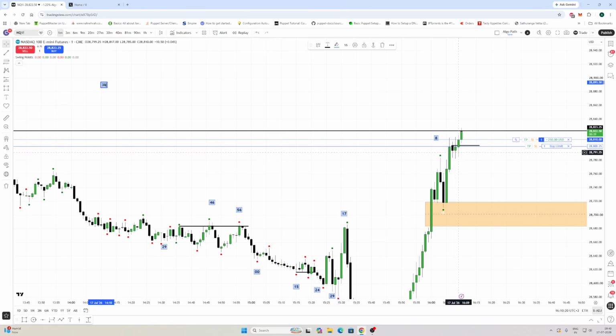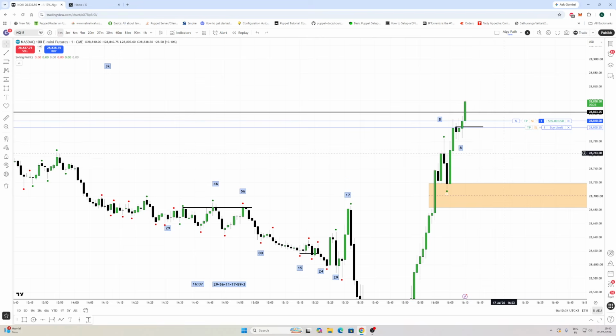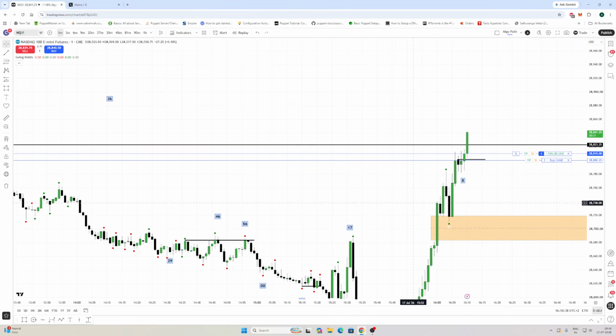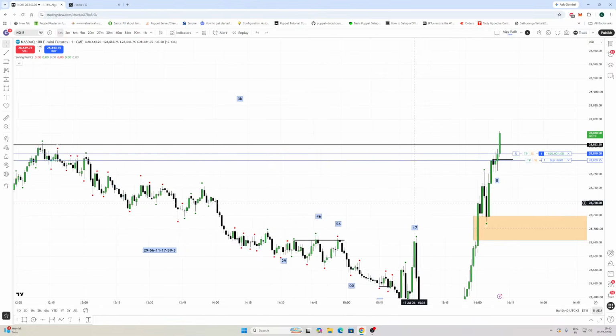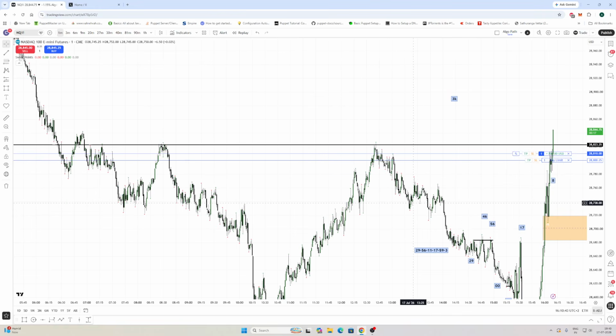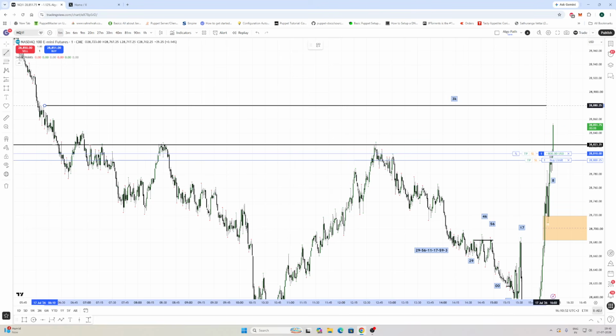Probably this one I would lose because I tried to be smart and sell here at 16,078, which was not bad at all. So we have enough liquidity until here.